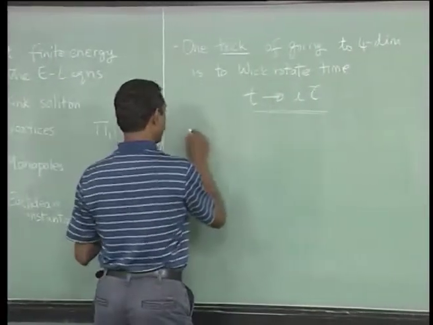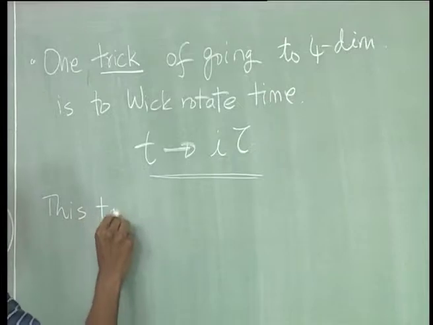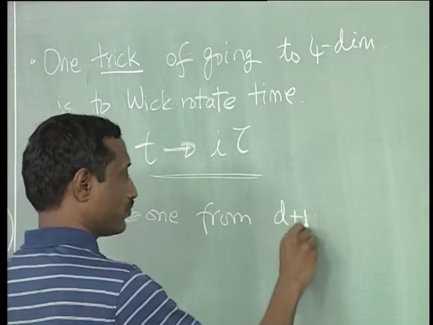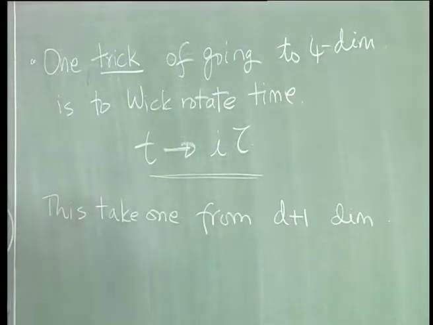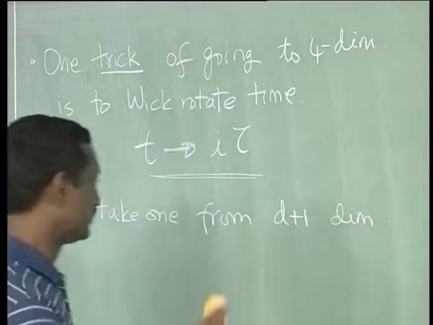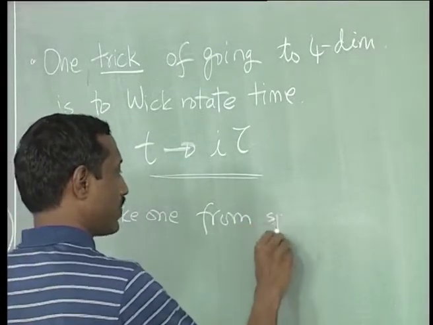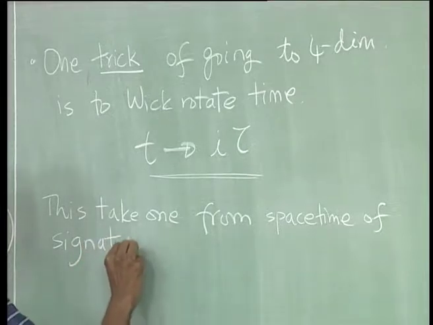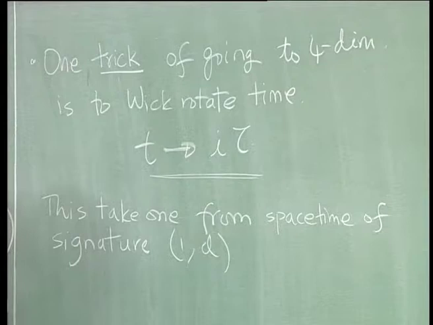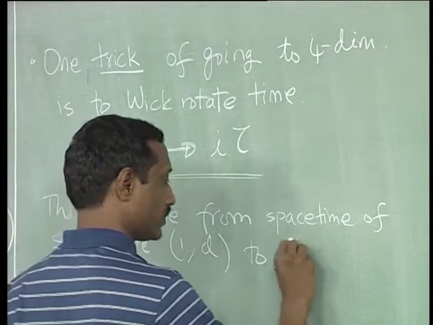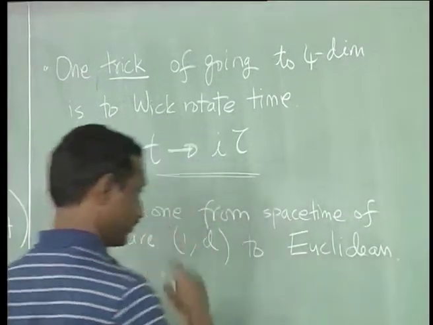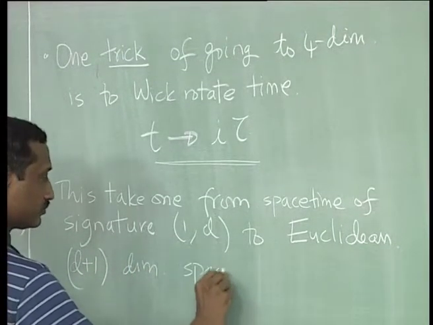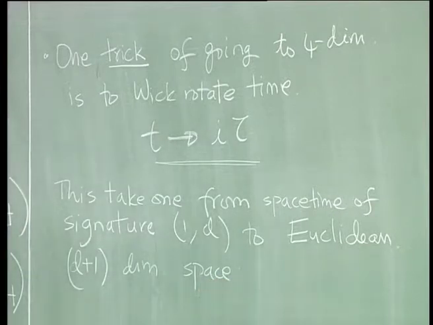The idea here is that it takes one from d+1 dimensions, a space-time of signature (1, d), to Euclidean d+1 dimensional space. This is what it does.